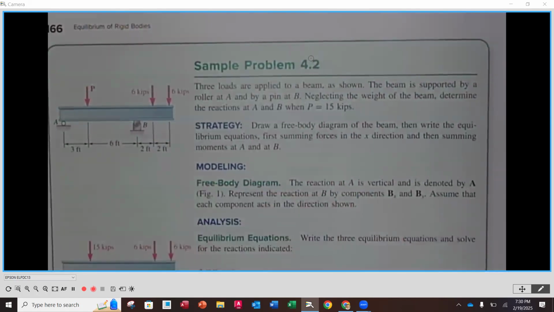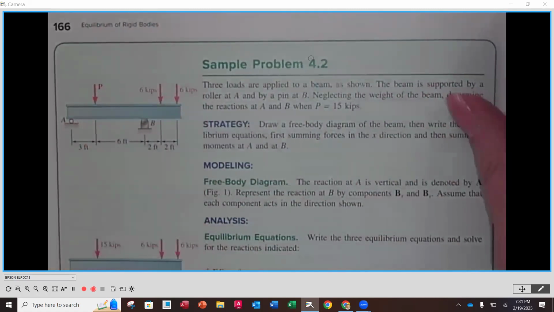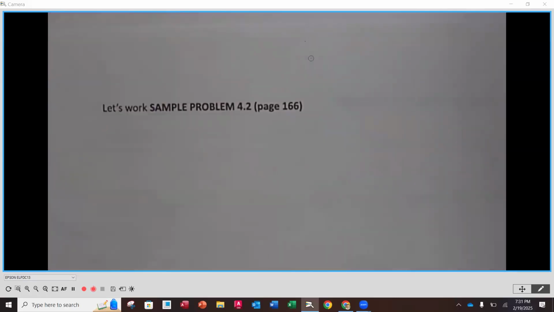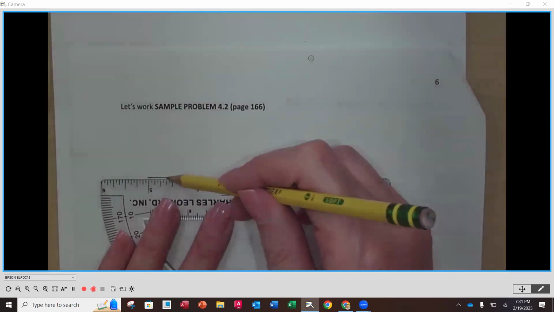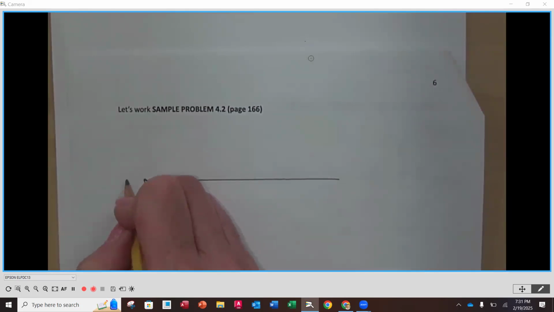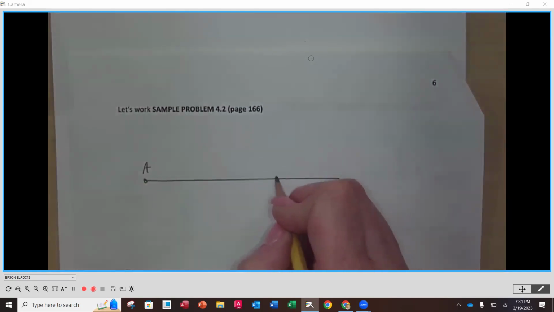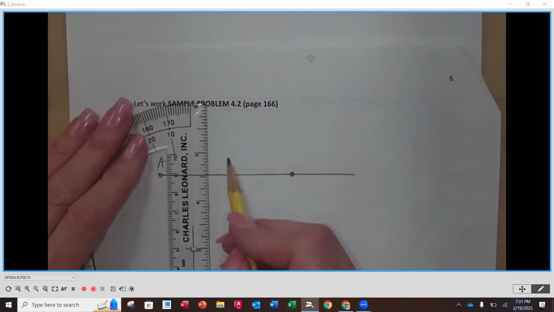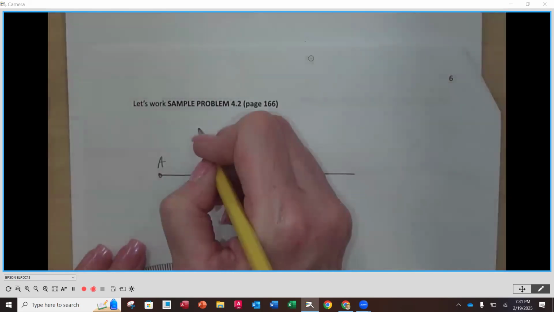So let's go ahead and draw our free body diagram of what we have here, and then we're going to add our reactions at our supports. So we've got point A, and then B is right about here. I'll add that after I get my forces in place. P is 15 kips.